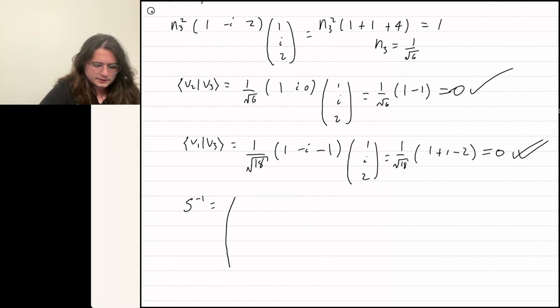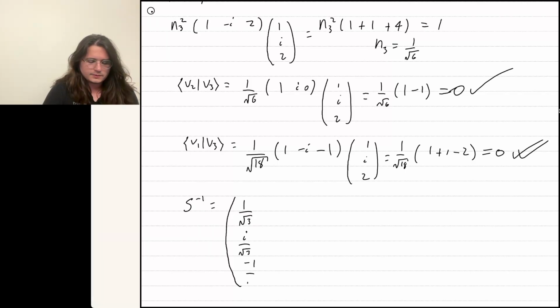Six lines, roughly. And so V1 we already said was 1 over root 3, i over root 3, minus 1 over root 3. And then V2 ended up being 1 over root 2, minus i over root 2, right?